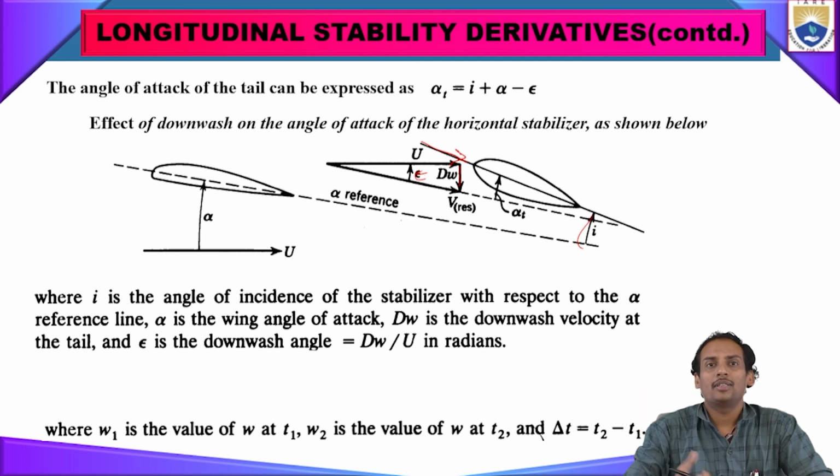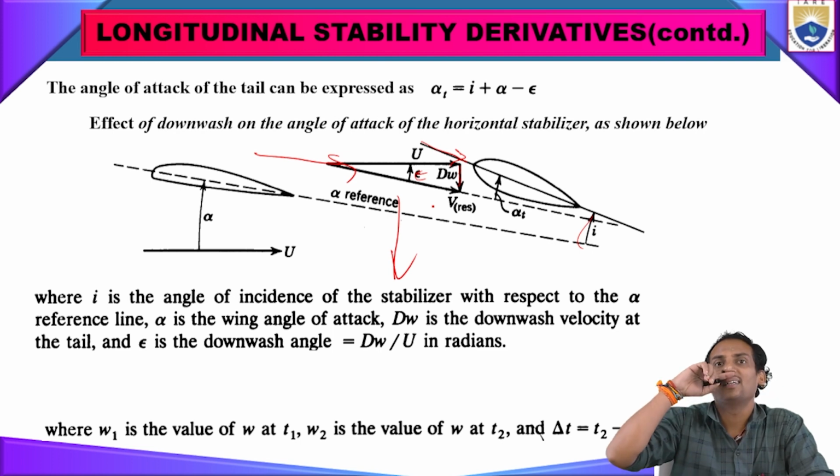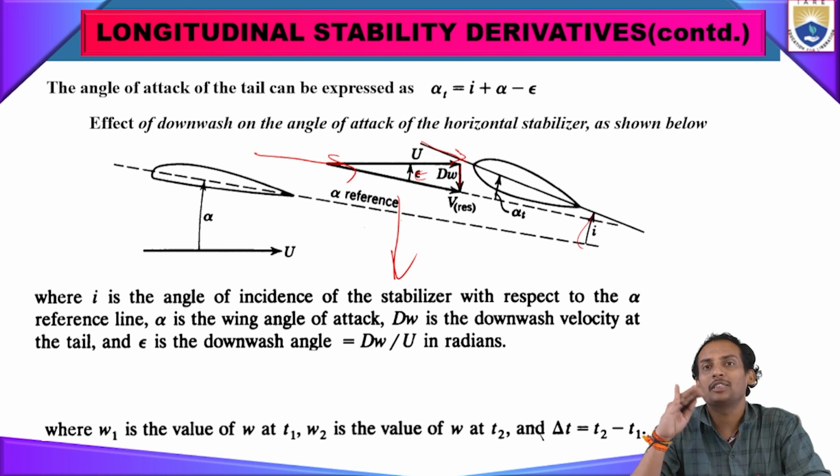So if there is w1, this is the value of the velocities in the linear direction and the downward direction, where w is the downward velocity, and t1 and t2 are the times, the rate of change from one position to another.